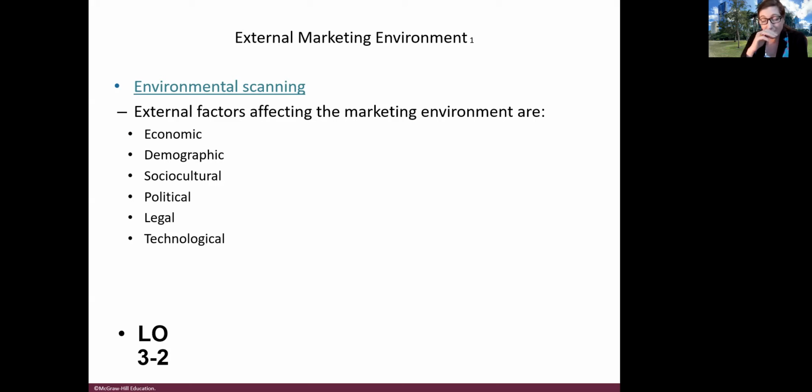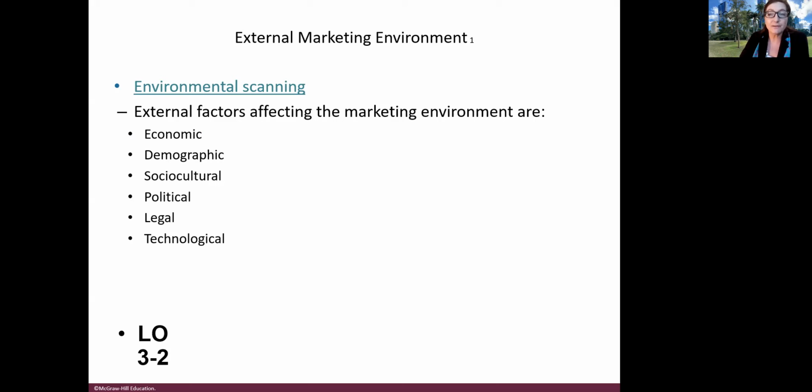The PESTEL framework also includes the legal macro environment.